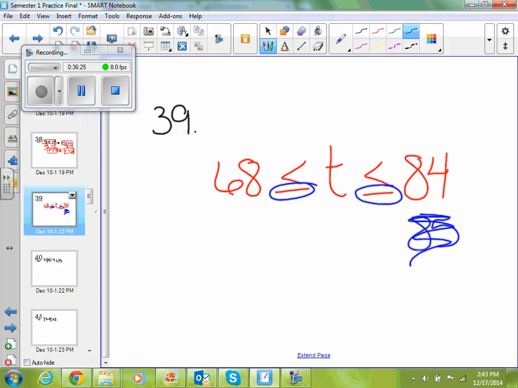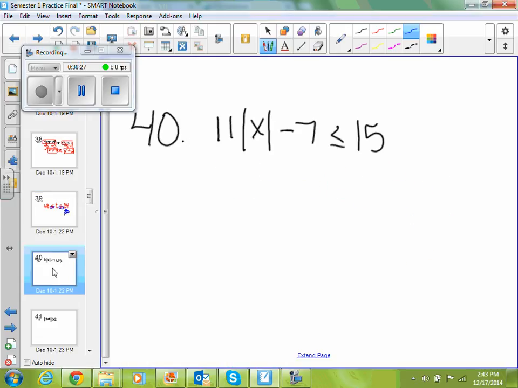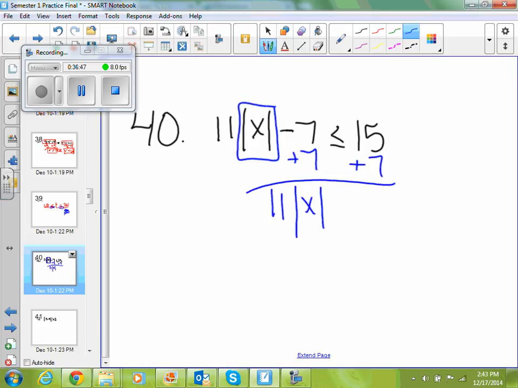Alright, 40. Just a couple more. We're back to absolute values. So 11 times the absolute value of x minus 7 is less than or equal to 15. We need to get this by itself, so I'm going to add 7. So 11 absolute value of x is less than or equal to 22.